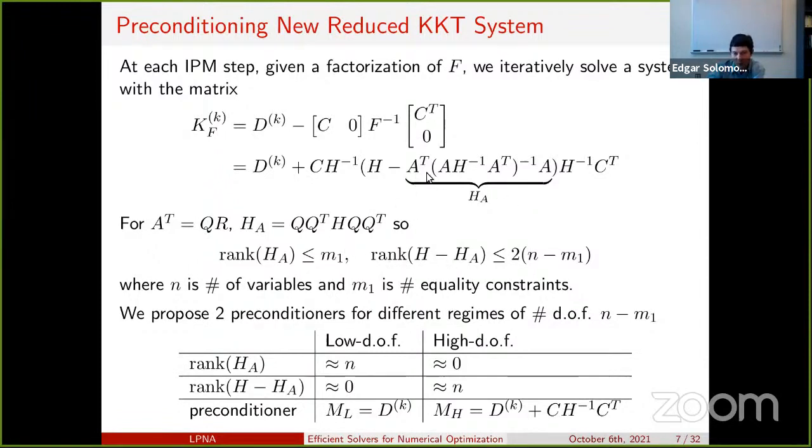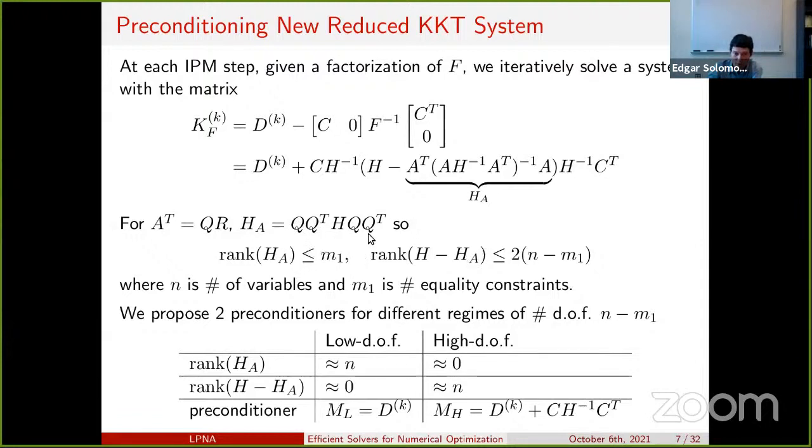In particular, we can rewrite H_A as QQ transpose H QQ transpose, where Q is the orthogonal factor of the QR decomposition of A transpose. This shows us that H minus this term will generally be close to 0 or low rank if Q is close to square, which is the case here.